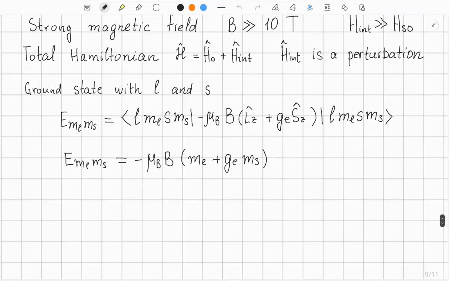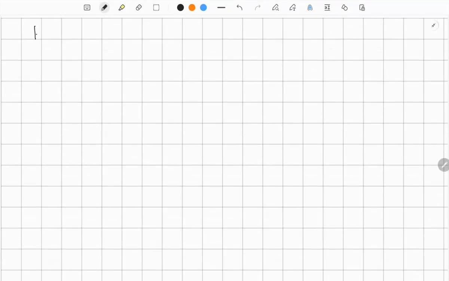Now let us consider the situation where the spin-orbit coupling is stronger than the interaction between the electron magnetic moment and the external magnetic field, yet still much weaker than the main Hamiltonian H0. In this case, we cannot neglect the spin-orbit interaction when studying the effect of H interaction on the atomic energy levels.